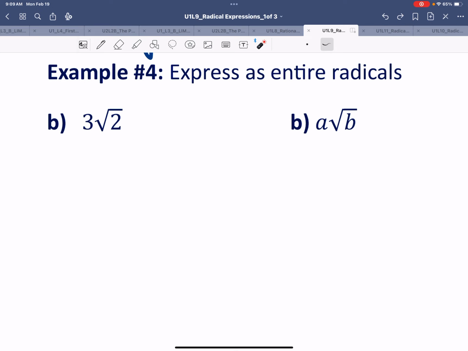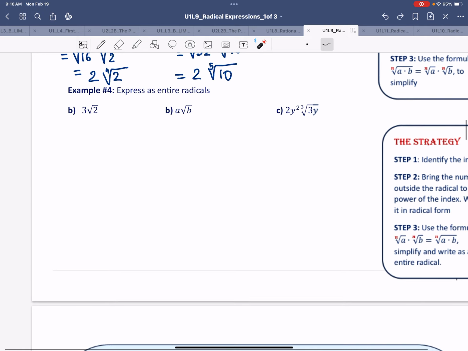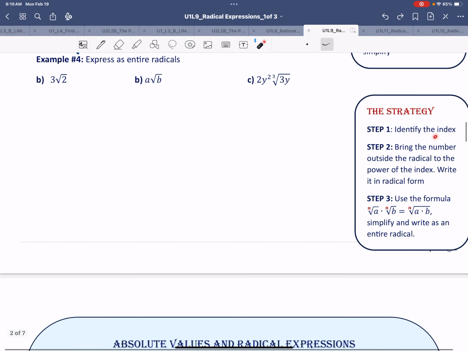So in order to bring number 3 inside the radical, we need to bring number 3 to the power of 2. So step number 1 in this case would be to identify the index, which we did, and bring the number outside the radical to the power of the index. So we're going to bring number 3 to the power of 2, and then write this in radical form.